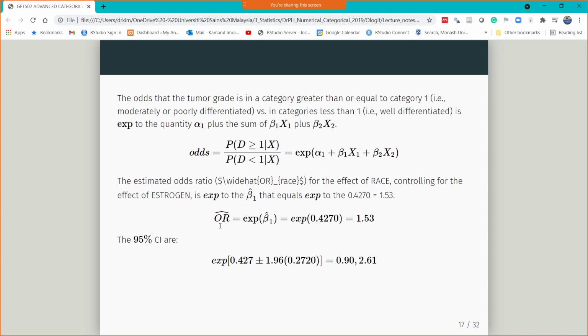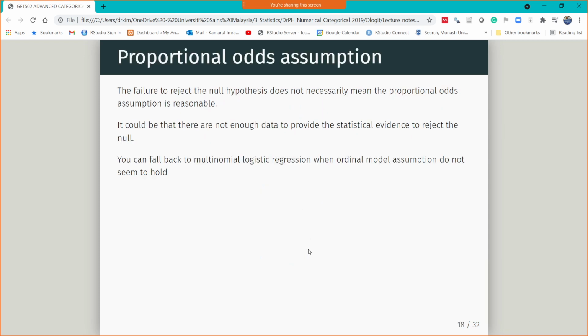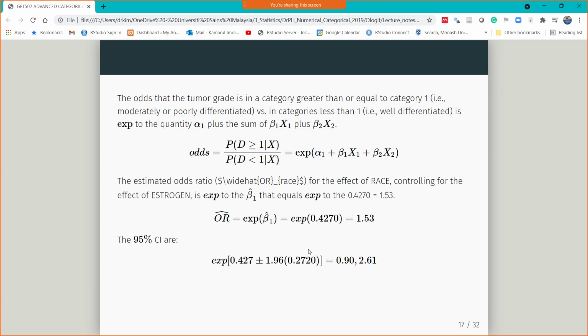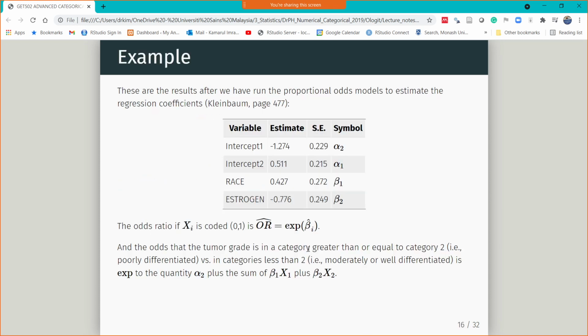So let's see what we can see here. Right, I think we can skip this. All right. Even though it is much easier to estimate an ordinal outcome using the proportional odds model, and because of the proportional odds model, you have only one beta value per race and one beta value for estrogen and for other covariates.